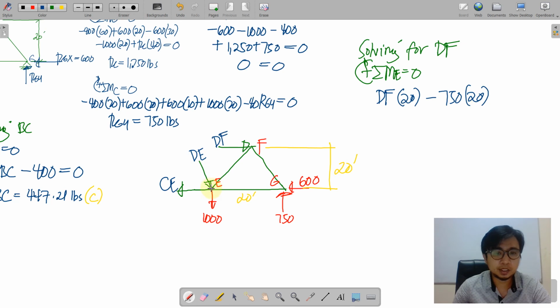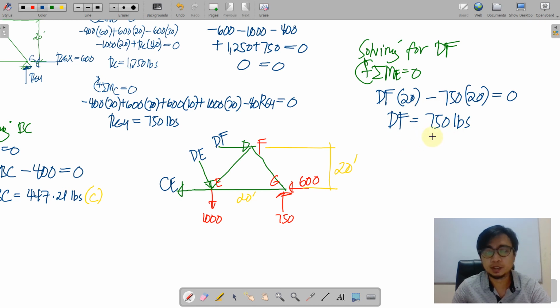All the rest have no moment arm with respect to E. So it just involves two forces here. This is now equal to 0. Therefore, the value for DF is a positive 750 pounds. The orientation yielded a positive, so we have correctly assumed DF to be compressive.